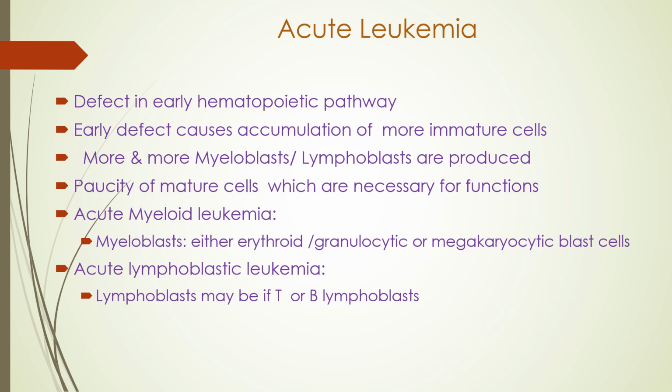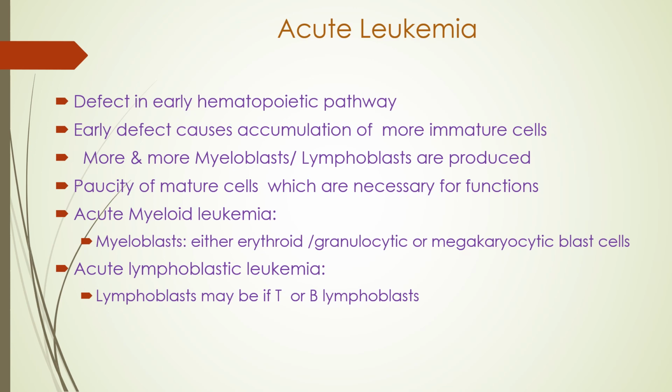Acute myeloid leukemia may be of different types depending upon the further series. It may be erythroid series, that is involving the red blood cells. It may be granulocytic series involving the neutrophil, the eosinophil or basophil, or it may be monocytic series. It may be megakaryocytic series.